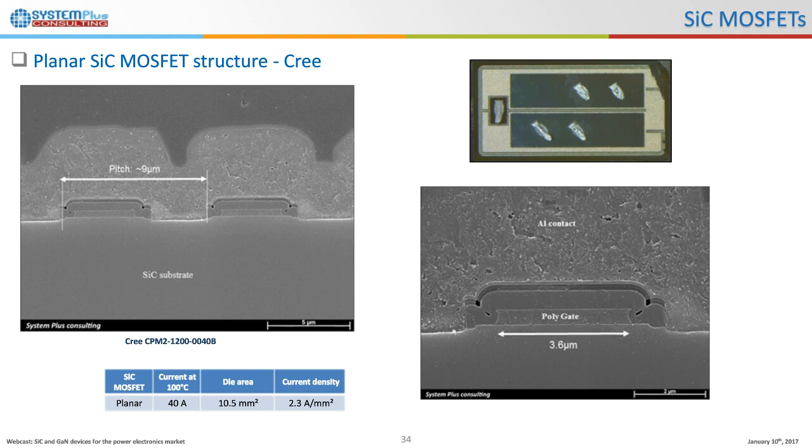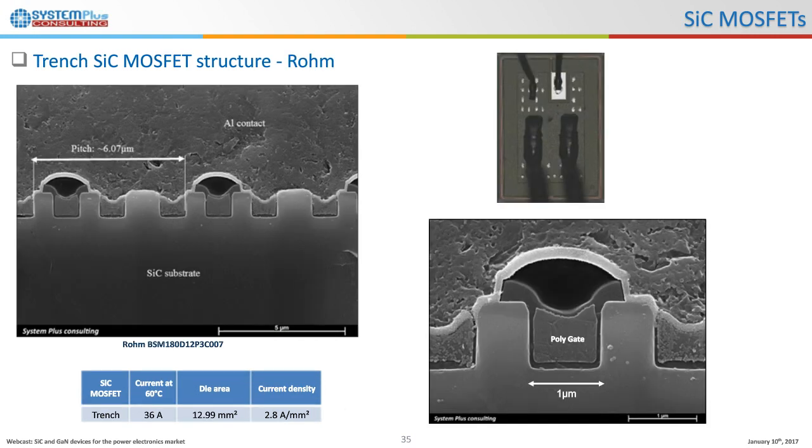And ROHM presents its latest device, which is a trench structure. So here you see the two main designs that we can find in silicon carbide MOSFETs.